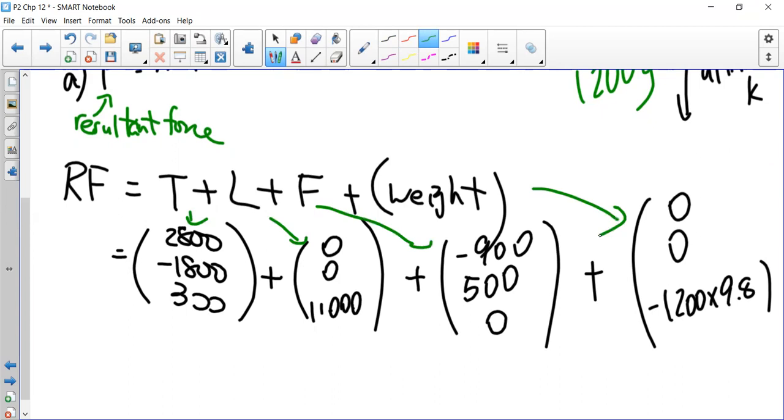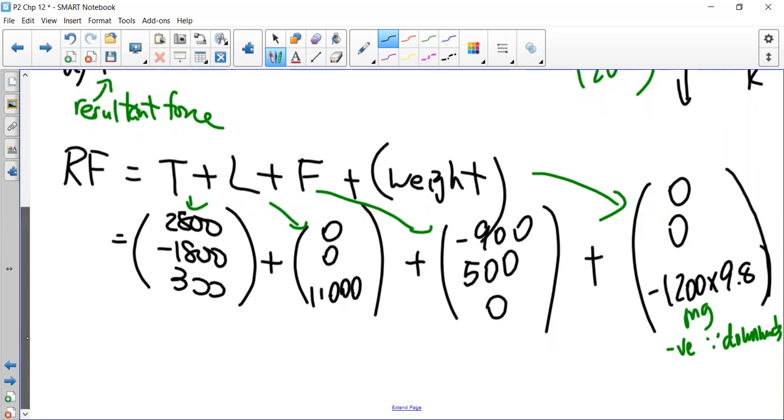This is mg, negative because downwards. So hopefully it does make sense in here. What we're doing here is just a resulting force. We've not done anything about acceleration yet.